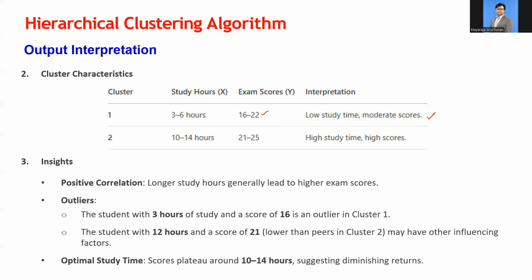For cluster two, the study hours are between 10 to 14 hours and the exam score is between 21 to 25, and the interpretation is that high study time gives high scores. Obviously we can see this based on the cluster analysis.